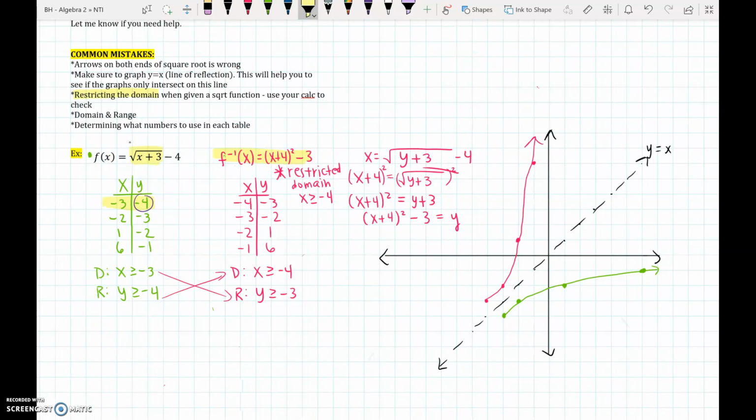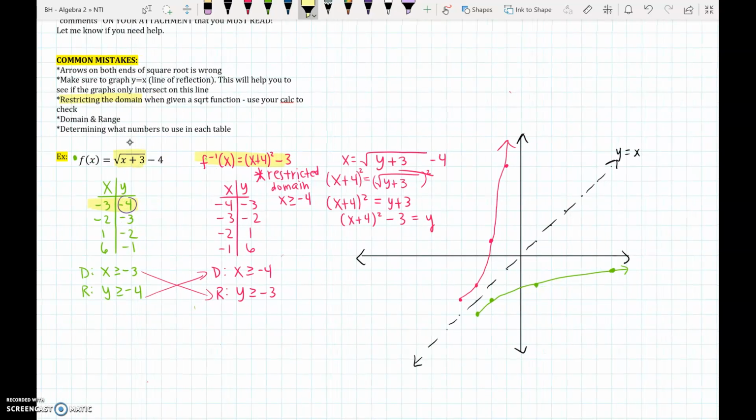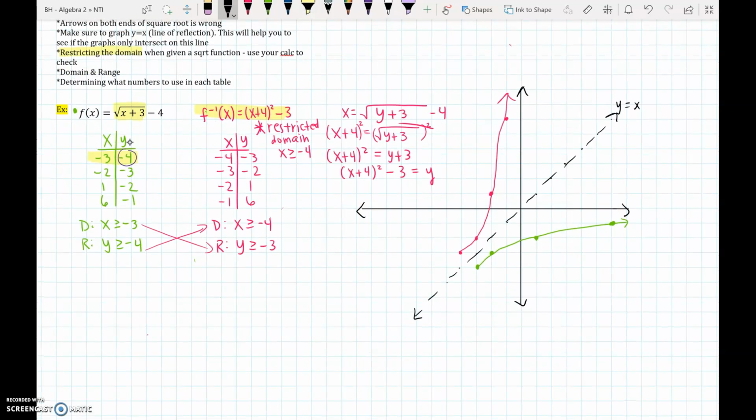Okay, the other thing is when you start getting your table for a linear function or a quadratic. So for example, if I give you 5x minus 1, when you're starting your xy table here, if it's linear, I would always choose negative numbers, 0, and then some positives.